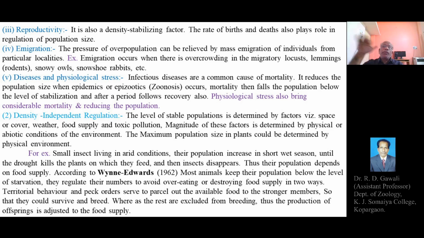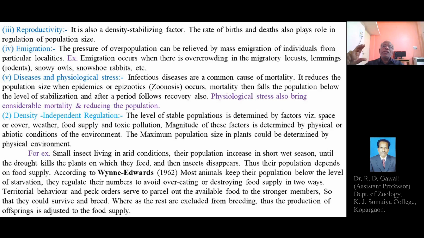So whenever there is a spread of disease, maybe epidemic or epizootic, the disease causing agents can be transmitted from a particular population or species or different species, or maybe from certain other animals to humans or certain organisms, and can lead into infections or causing diseases among the population of the same species or different species and can lead into the death of a large number of organisms, causing mortality.